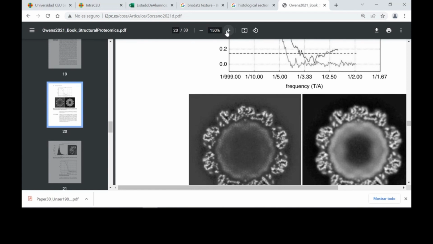Okay, so can we use this? Do I see more details or not? You already know. It is resolution. It is the maximum frequency in my Fourier spectrum that still has information. And can we use this texture detection to say, okay, that one is 4 angstrom resolution, this one is 6 angstrom resolution?